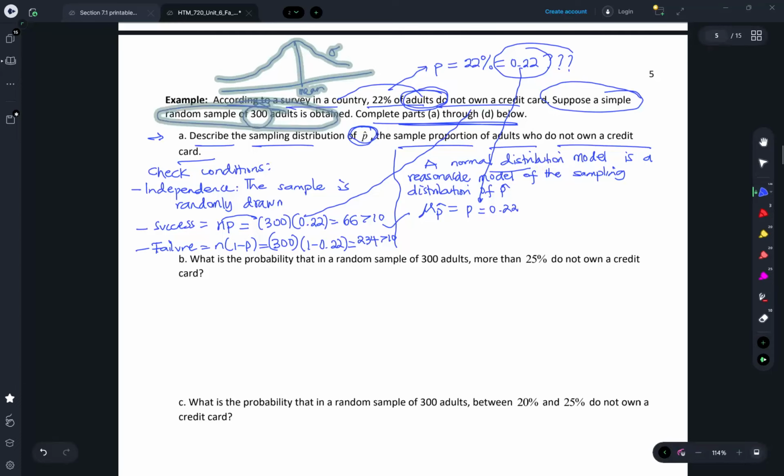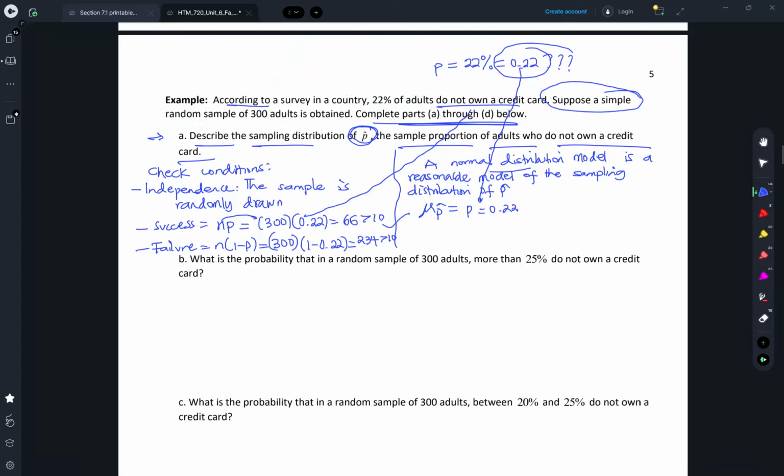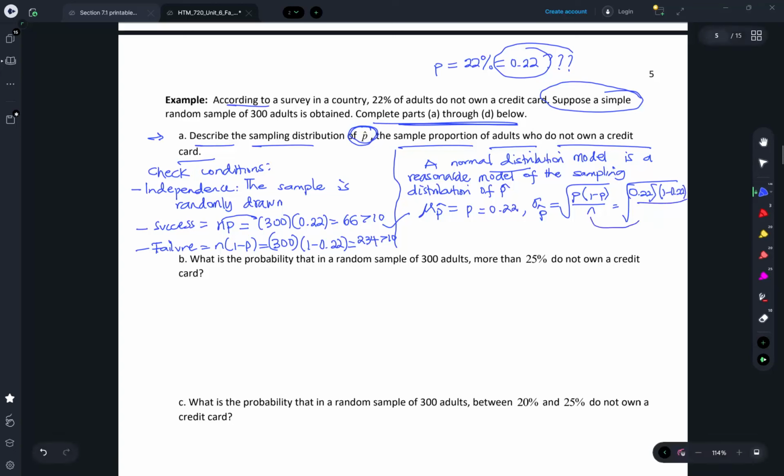I'm going to erase this a little bit. Okay, and the standard error will be the square root of P times 1 minus P, all over n. That will be the square root of 0.22 multiplied by 1 minus 0.22 divided by the sample size, which is 300.